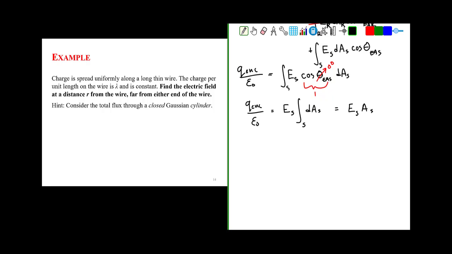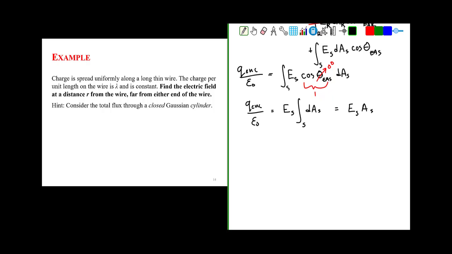This is what I meant earlier when I said that the electric field will evaluate in almost a trivial way. Because we chose a Gaussian surface that is symmetric with the charge, the amount of work we had to do for integrating becomes very, very easy because our electric field is constant relative to our area differentials on our surface.